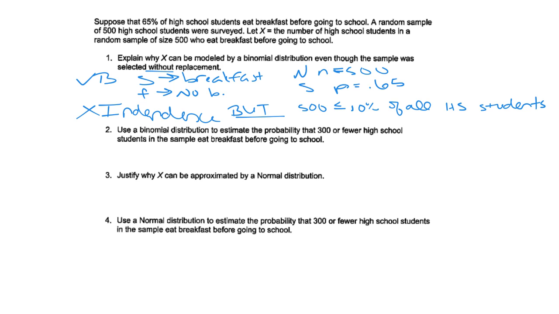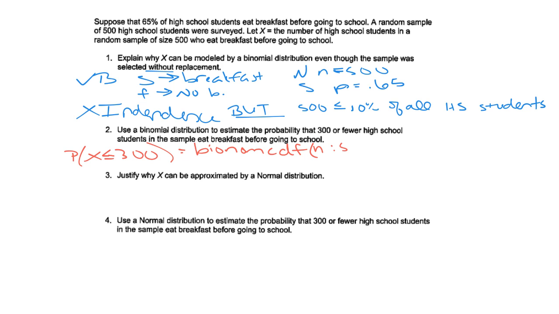So use a binomial distribution to estimate the probability that 300 or fewer. So my probability that X is less than or equal to 300, before going to school. So I'm going to my calculator again, binomial, in that distribution menu where the normal CDF is. I'm going to use CDF because it's a less than or equal to sign. I'm going to include 300 in it. If it had just been a less than, I would not have included 300.